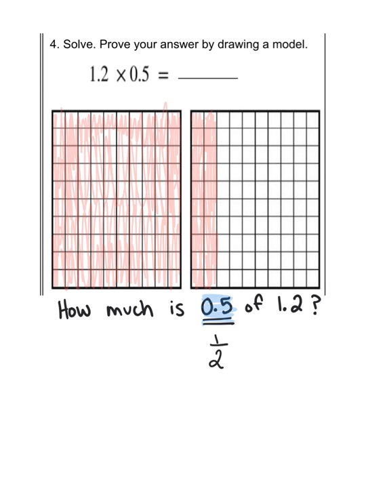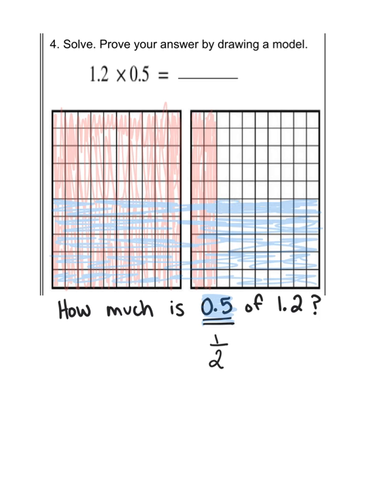And then I'm going to show 5 tenths of that portion that I just shaded. So I'm going to shade 5 tenths of my red. So here's 1/10. Notice I'm going all the way across. 2 tenths, 3 tenths, 4 tenths, and 5 tenths.